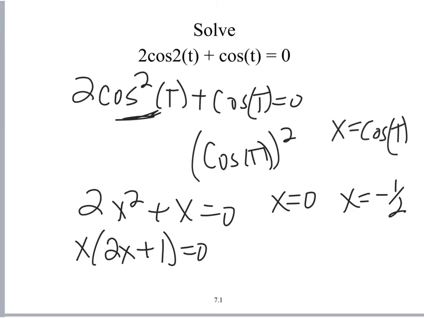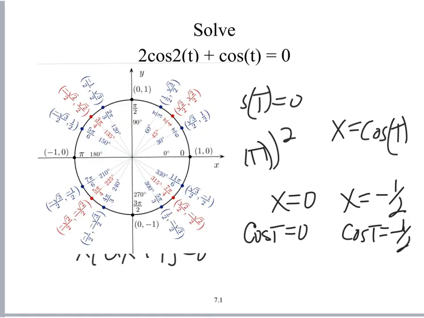But it's not x, it's cosine. So cosine of t equals 0. And where does the cosine of t equal negative 1/2? Well, we haven't done a quadrantal angle yet, but we can. So we know cosine is x.